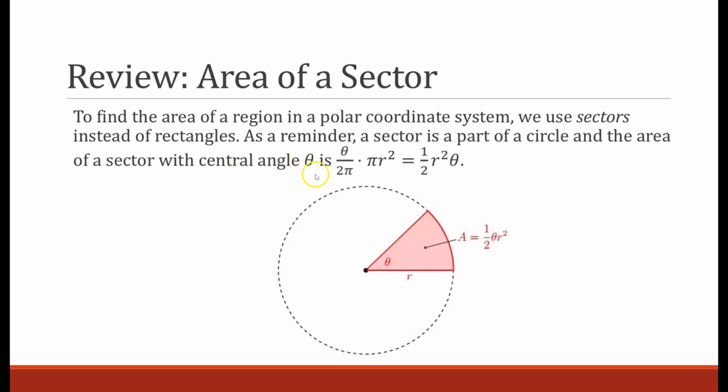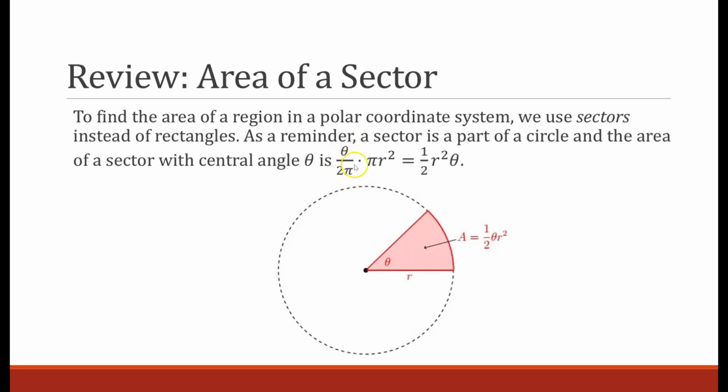theta is given by, well, first we need theta over 2 pi, which represents the fraction that corresponds to that part of the entire circle. So if theta is the central angle, then the fraction of the entire circle is theta out of 2 pi.